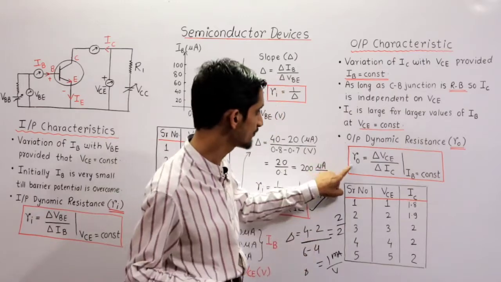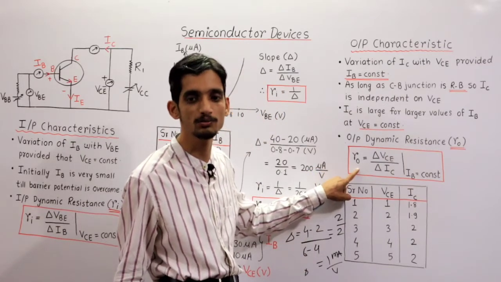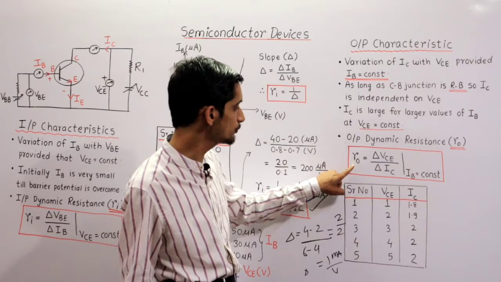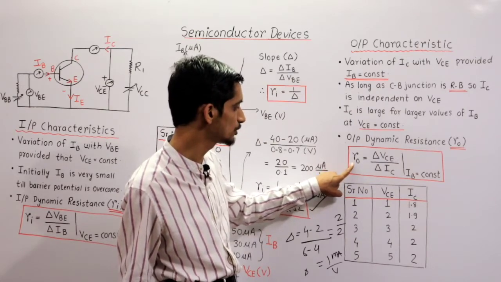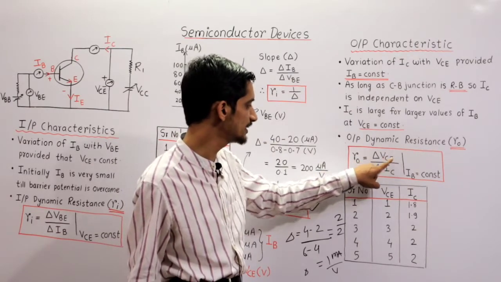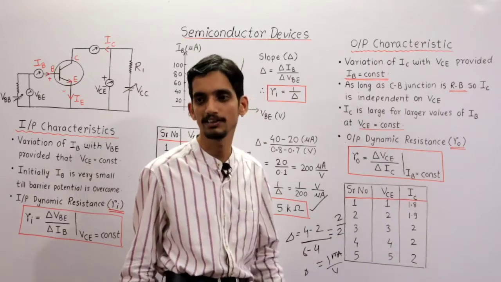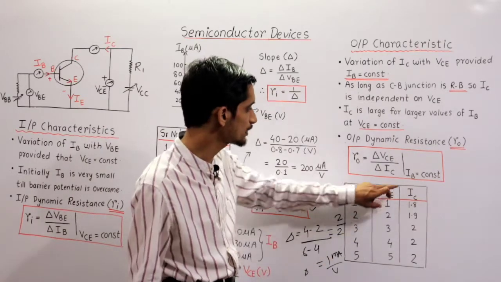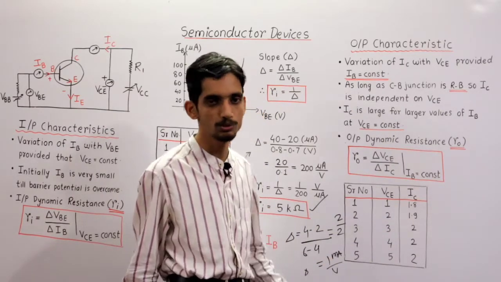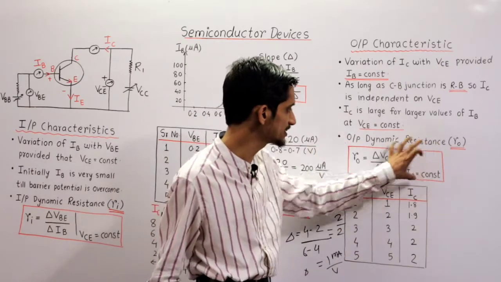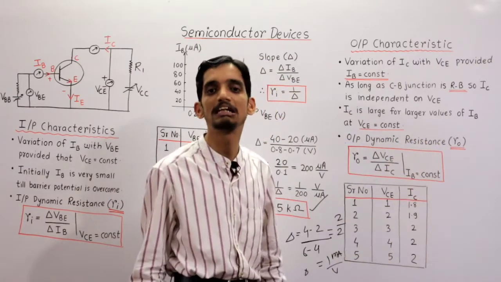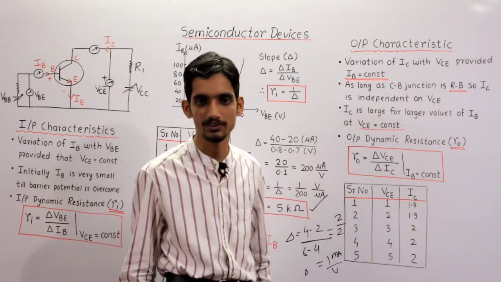This is the definition of output resistance. Output dynamic resistance is equal to delta VCE upon delta IC, at constant IB. So this is the output dynamic resistance of a BJT in CE configuration.